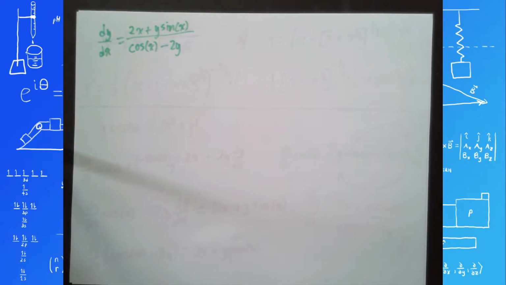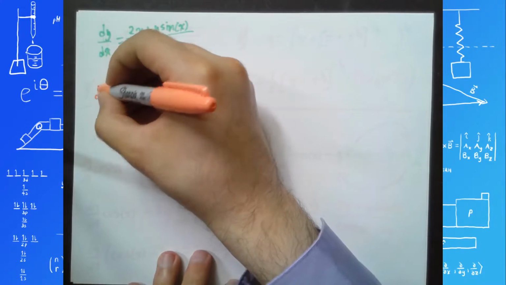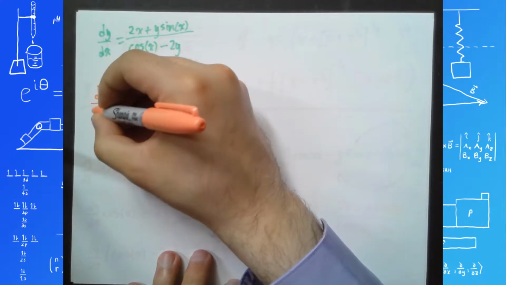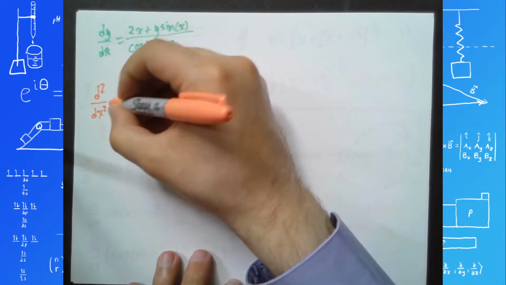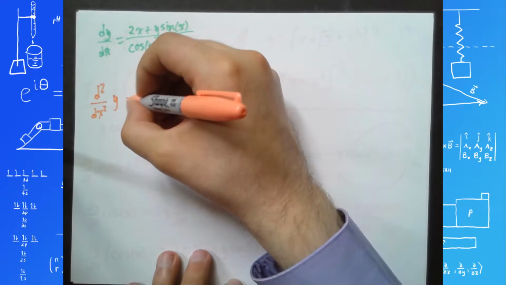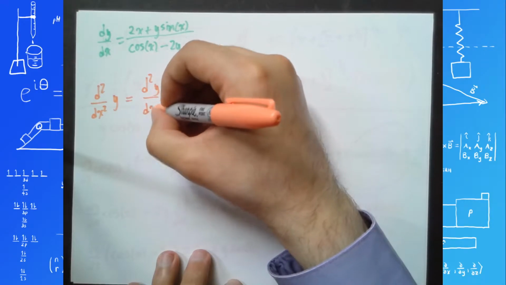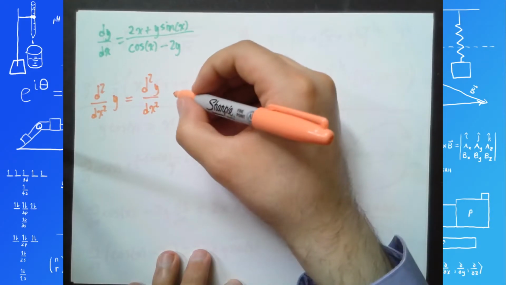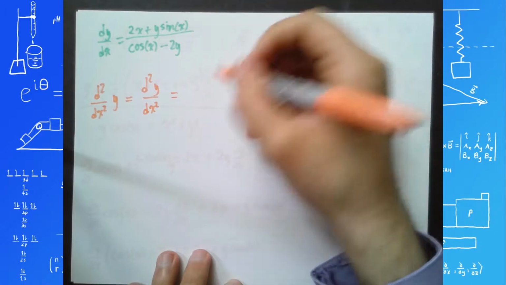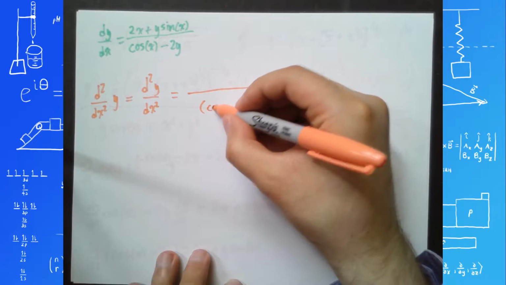So to get our second derivative, differentiate with respect to x again, and we would have, let's see, second derivative of y. You're probably used to seeing it written more like this, but it's the same exact thing. Equals, so this is going to be a quotient rule. I'm going to go ahead and start with the bottom squared.